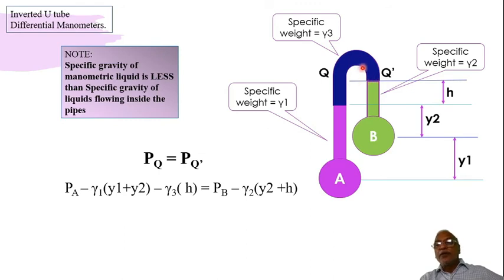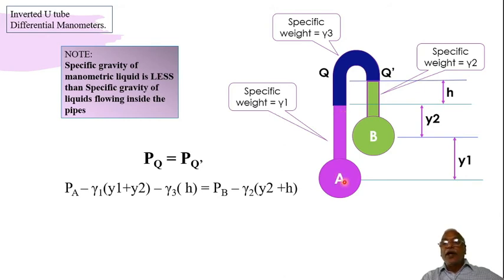Here in the manometric liquid, I have got point Q and point Q dashed, wherein I can write PQ is equal to PQ dashed. Now if I want to write PQ, how do I write? I'll start with PA and I go up. When I go up, I will be reducing the pressure, that's why it will be minus.